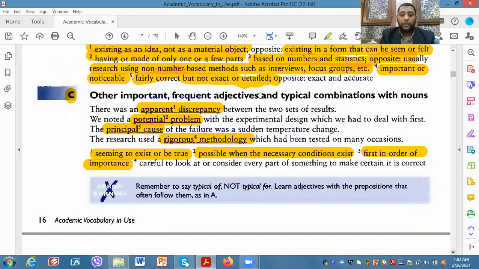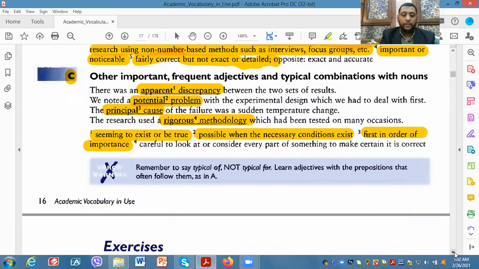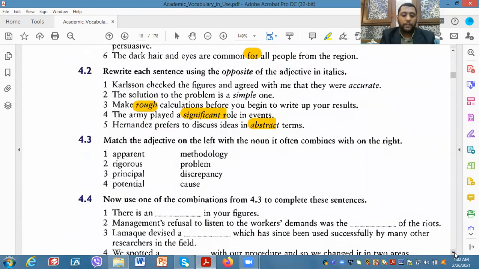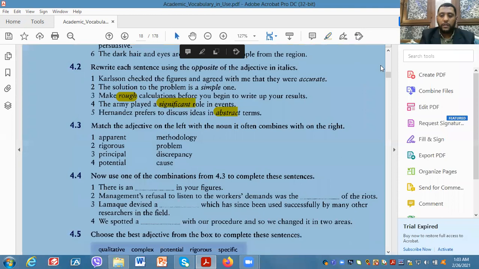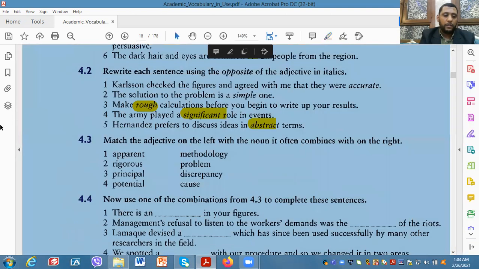This is a typical combination of an adjective and a noun. So apparent goes with discrepancy.